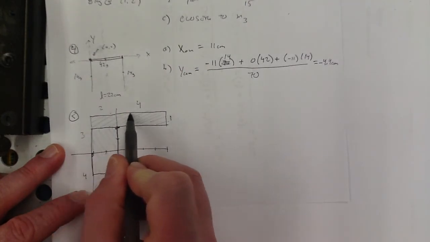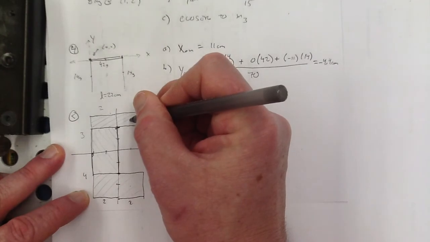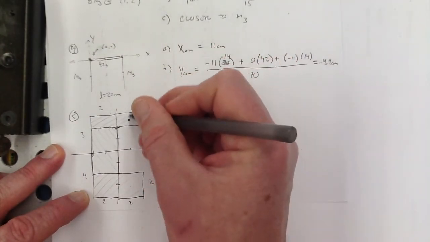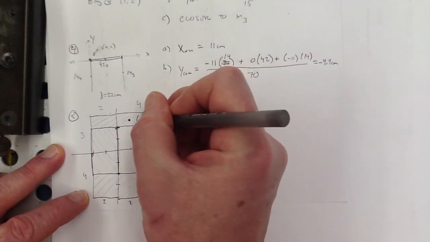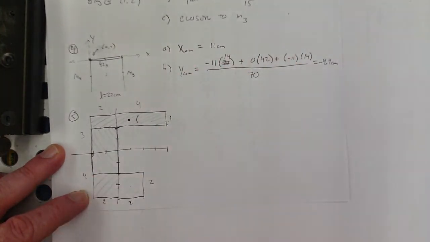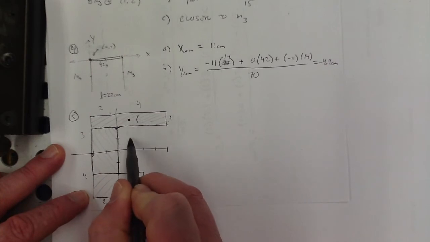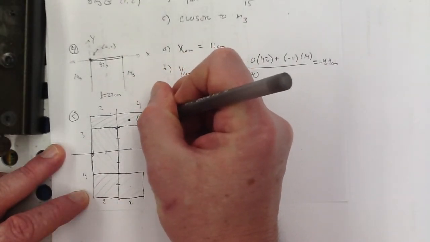So this is 6 long, so the center of it is halfway through there, 3, and it's 1 high, so the center is halfway there. All we need to do is make sure we understand where that location is. So it's at 1, 2 and a half.